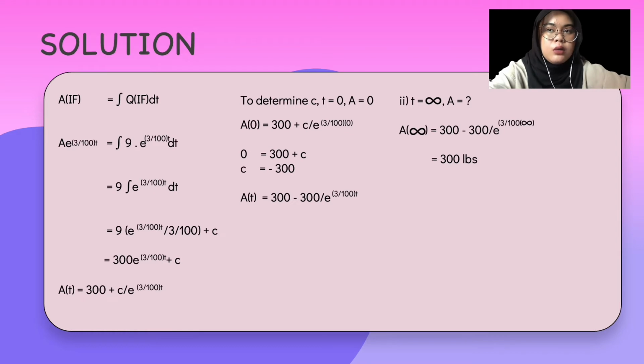So A(t) equals 300 minus 300 over e to the power of 3 over 100 t. Then we let t equal infinity for question 2. So A(infinity) equals 300 minus 300 over e to the power of 3/100 times infinity. So we will get 300 lbs.